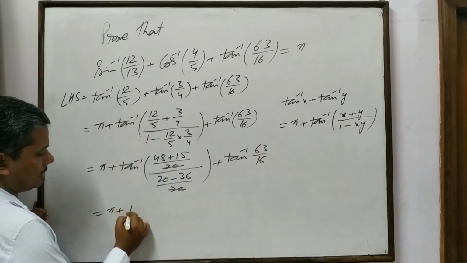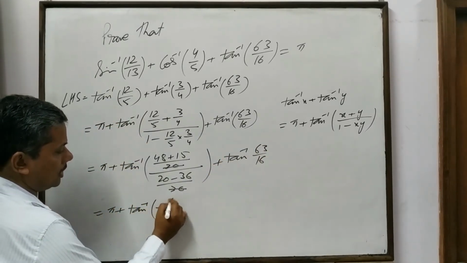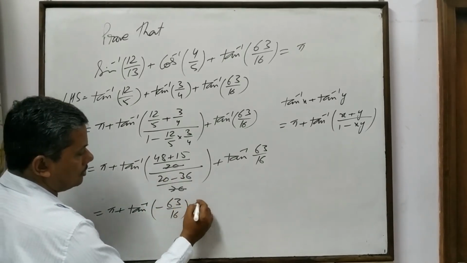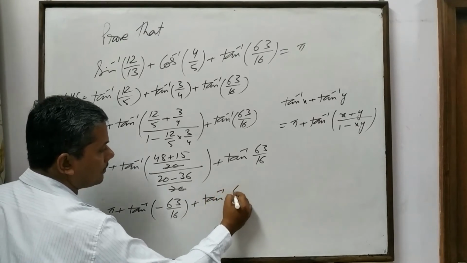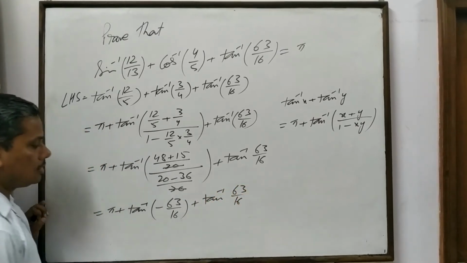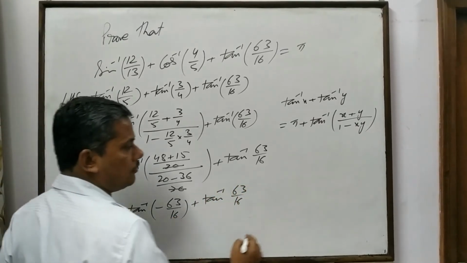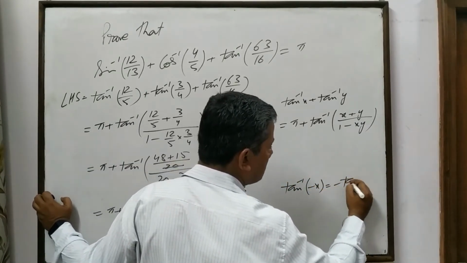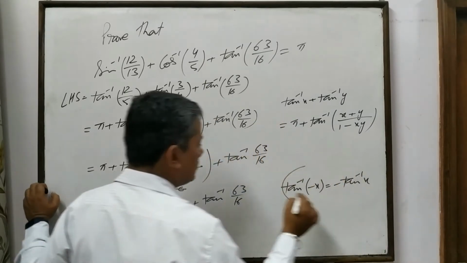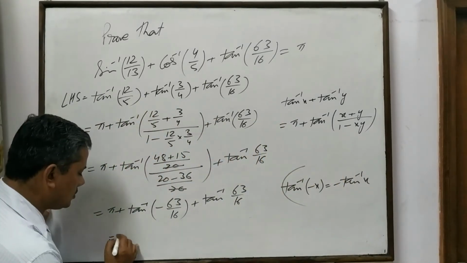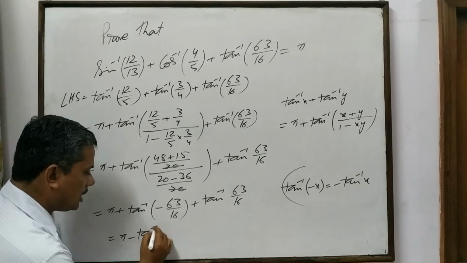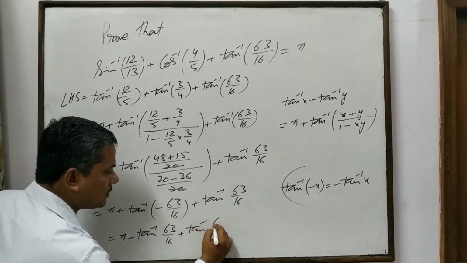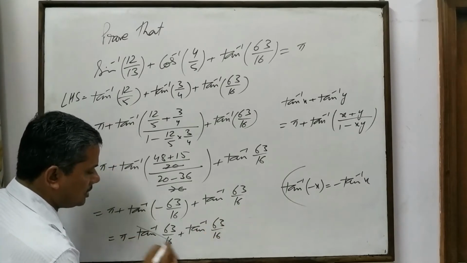This is pi plus tan inverse of 63 upon 20 minus 36, that is minus 16, plus tan inverse 63 upon 16. Now we have a formula that says tan inverse minus x is minus tan inverse x. So using that, it is pi minus tan inverse 63 upon 16 plus tan inverse 63 upon 16. This cancels.